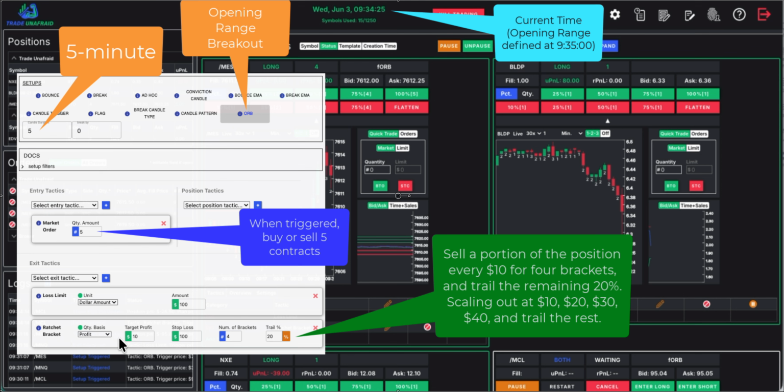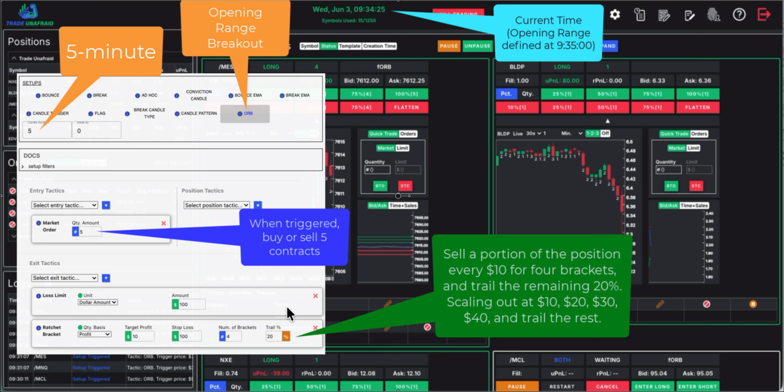And so what it's going to do is it's going to sell a portion of the position every $10 for 4 brackets. Here's the 4 brackets, and there's the $10, and trail the remaining 20%, which is right there. So it's going to scale out at $10, $20, $30, $40, and then trail the rest.